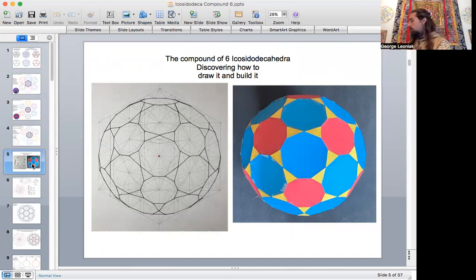And it's a very doable drawing. In fact, Danny Burgess on the New Geometers, I gave him the circle template and the line drawing, and he was able to draw this and post it. So it's very neat to see that this new form based on sacred geometry, the compound of 30 octahedra and 6 icosidodecahedra, is part of the pattern language of sacred geometry, through working it into the circle template and the line drawings that it can be done with.